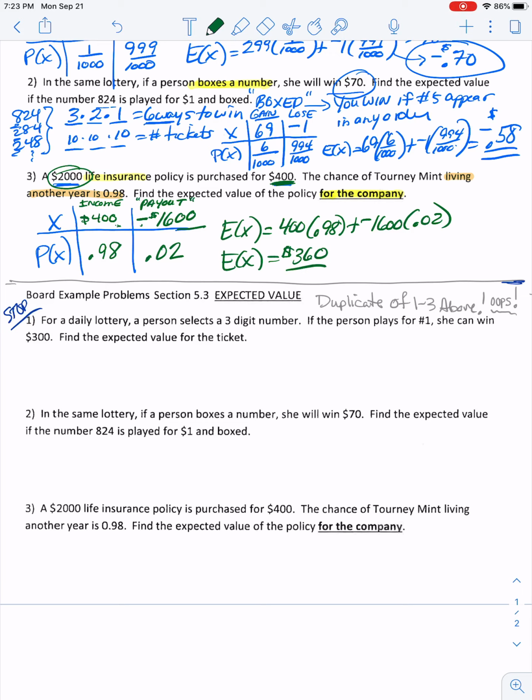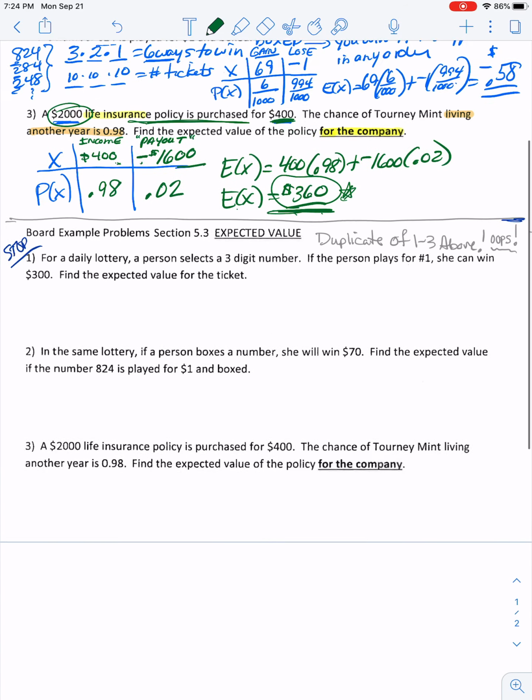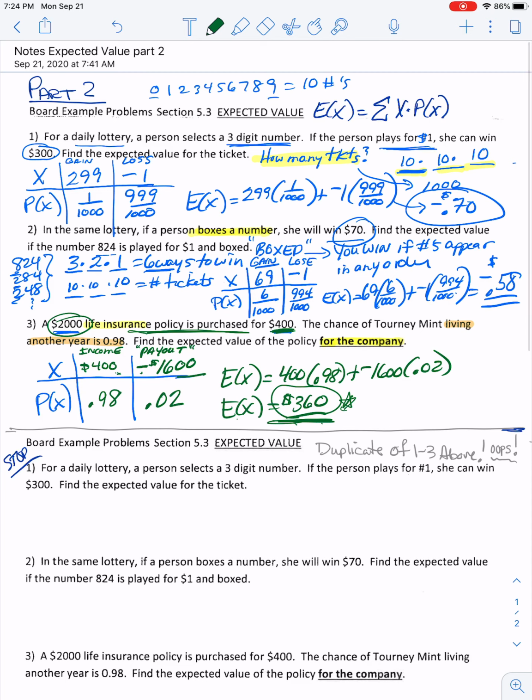So for every policy of this type that we sell, our company is making $360. Should I keep selling it or not? Since this is positive, I absolutely will keep selling it. If it had come out a negative expected value, I would quit selling it, because I'm going to bankrupt my company.